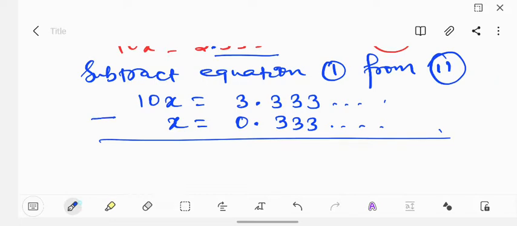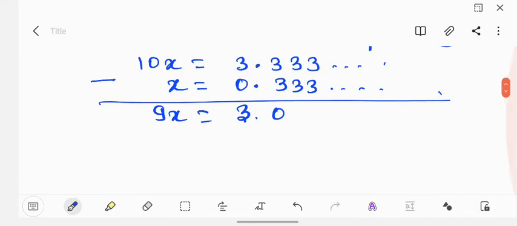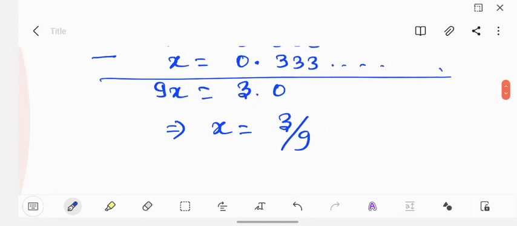So what is the answer? 10x minus x becomes 9x, and 3.333 minus 0.333 becomes 3. That implies x equals 3 by 9. After simplifying, 3 ones are 3, 3 threes are 9. So x equals 1 by 3.